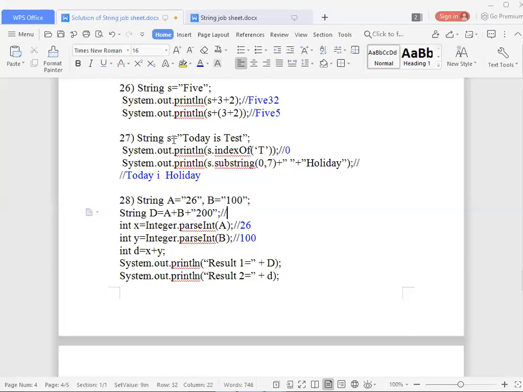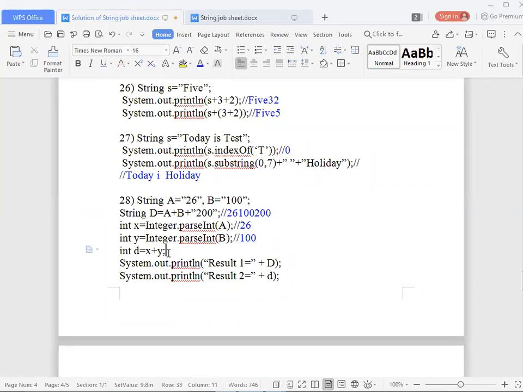It means in D it's going to be stored 26, 100, 200, right? Because each and everything is string. So with the plus sign, strings will be concatenated.